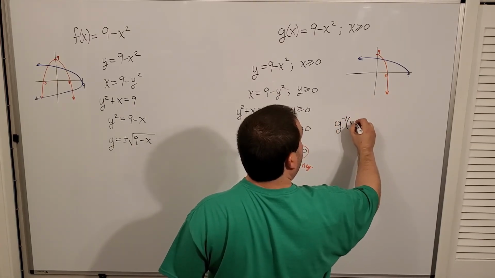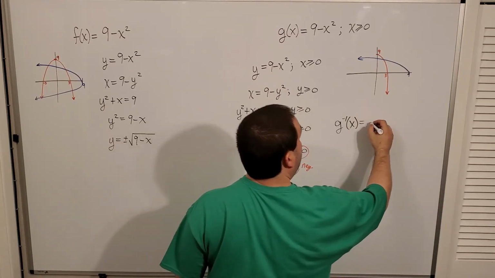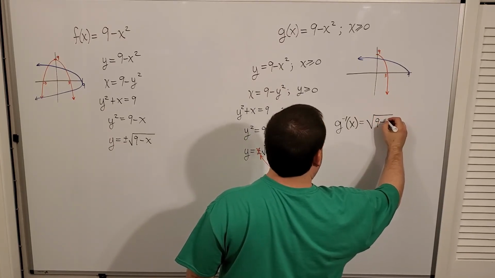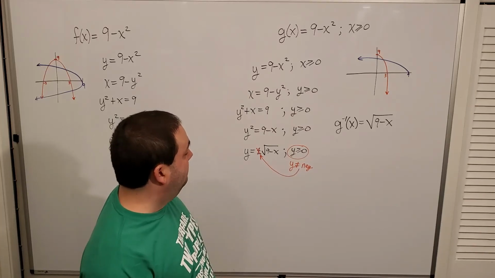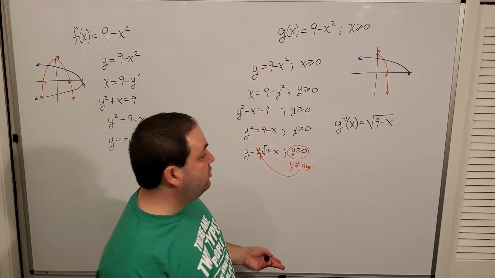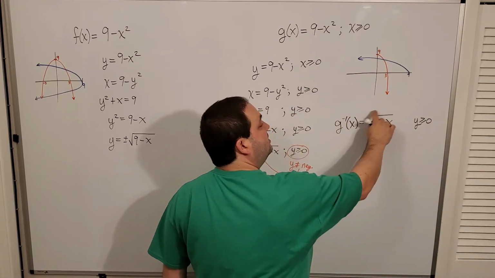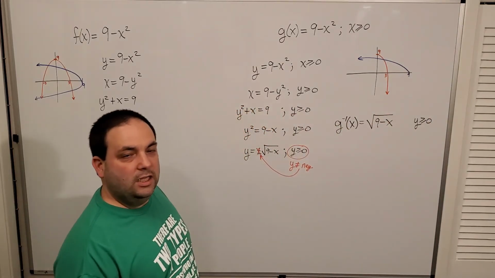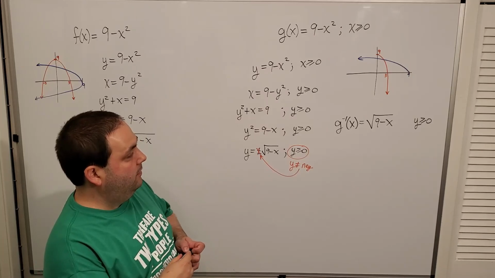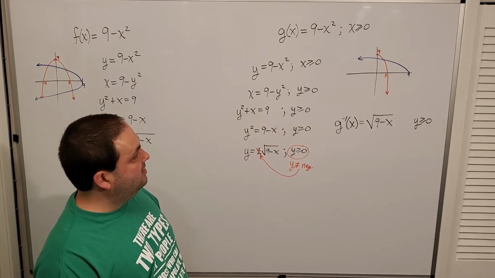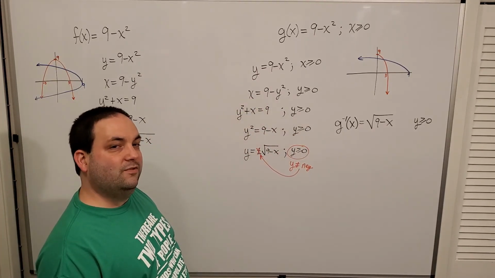G inverse of x is equal to the square root, positive only, of 9 minus x. If you want to, you can keep the restriction, but you actually don't need to anymore because the square root automatically only gives the positive anyway. But if you feel like you like the symmetry of having the restriction in both, that's fine.